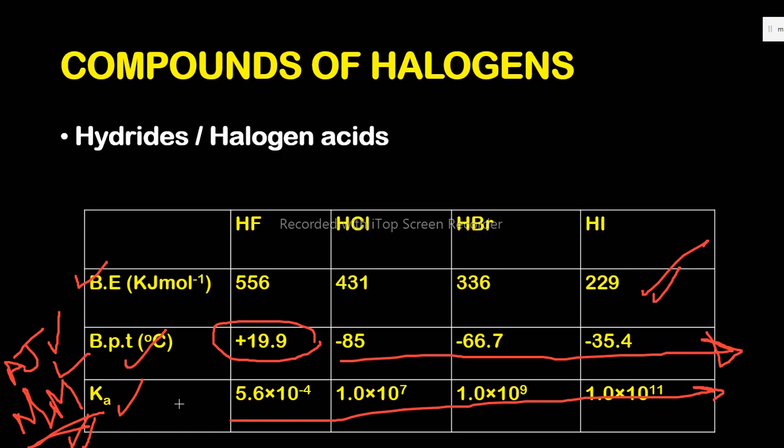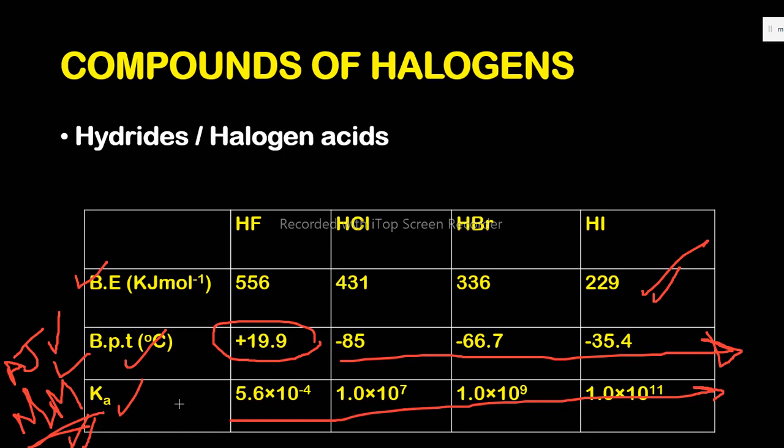That increases the bond length, and hence the bond becomes weaker. The longer the bond, the weaker it becomes. That's why it's decreasing down the group.